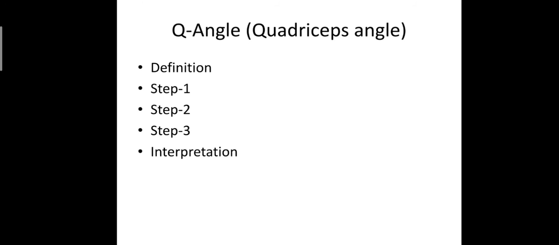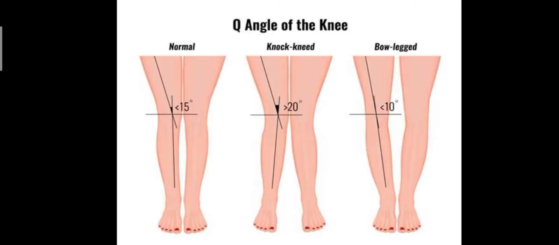Step 3: Another line is drawn from the tibial tubercle to the midpoint of the patella. The angle formed by the intersection of these two lines is the Q angle.